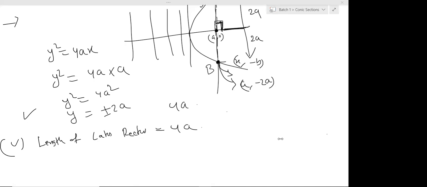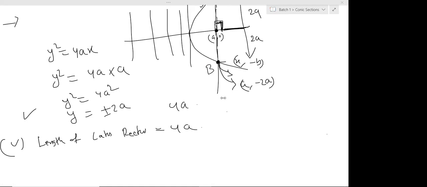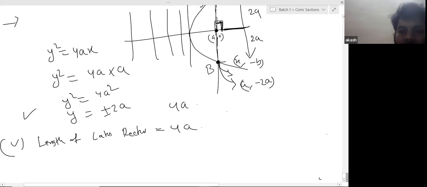The perpendicular line that passes through the focus is called the axis. Yeah, perpendicular line to the directrix. Don't miss the directrix part. Okay, everything is clear, I think.